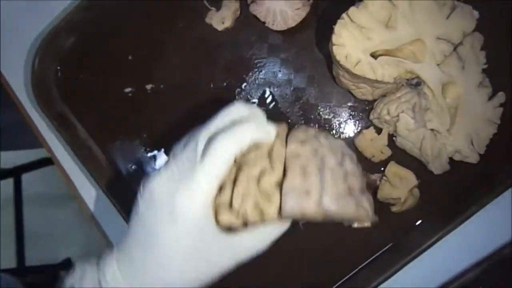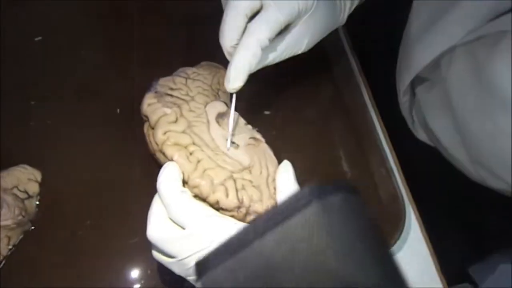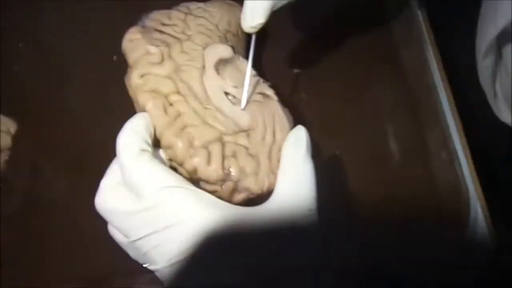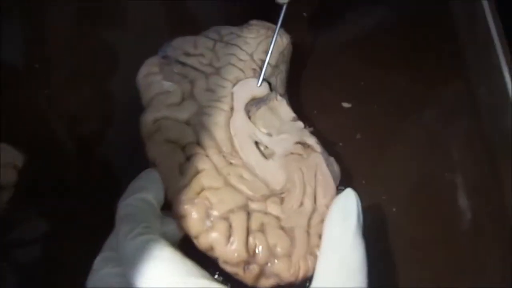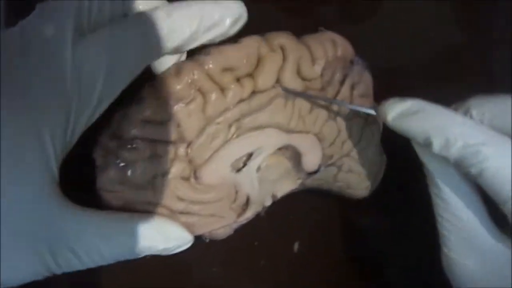Okay. What else? So you can see your corpus callosum, the genu, the body, and the splenium. Okay, so you have the callosal sulcus, cingulate gyrus, cingulate sulcus.